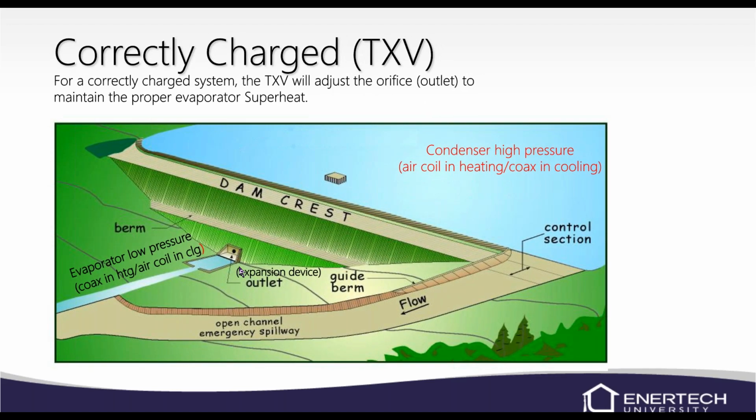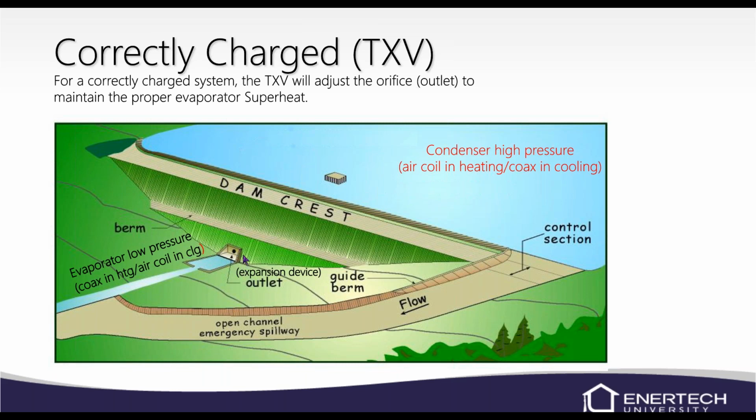If we look at a correctly charged expansion valve, we can use a correlation: this is a reservoir or a dam here, and then you've got your outlet. It's your evaporator, low pressure coming out, and your expansion device is basically the dam. So we're comparing the two together, so you can have a little picture of what's going on with the TXV.